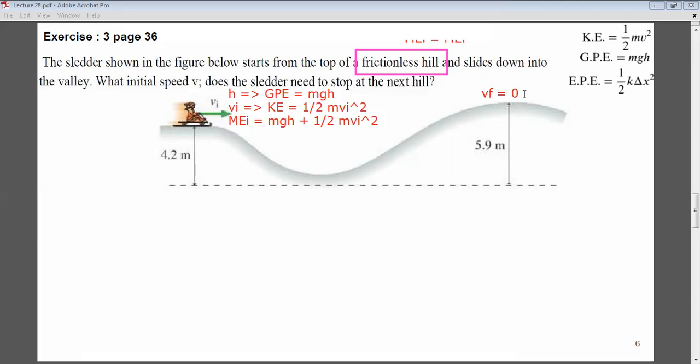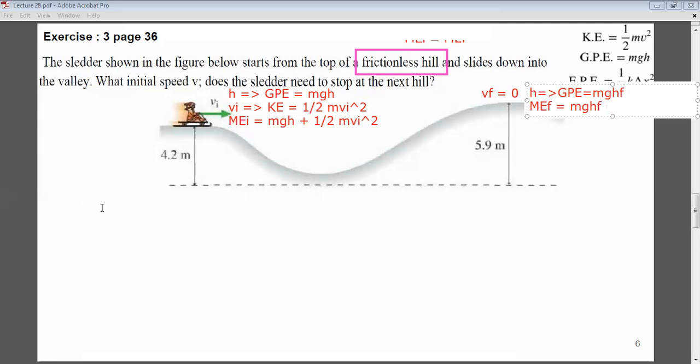At the final position, there is an altitude h final, which implies there is GPE, which is mgh final. There is no V final, so there is no kinetic energy. So mechanical energy final is equal to mgh final.